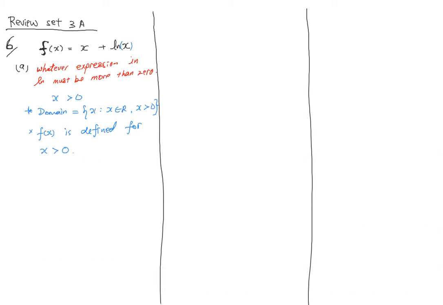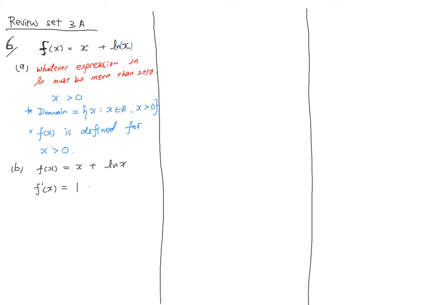Okay? So part B. Before you can draw the sign diagram for each of them, you must get the function first. So my f(x) is x plus ln x. So you have to get f'(x) first. The rate of change of x is 1.